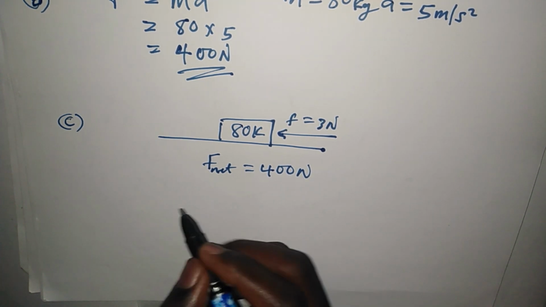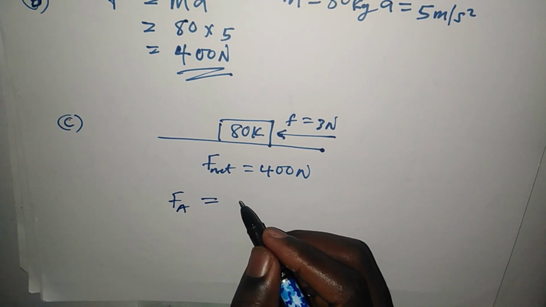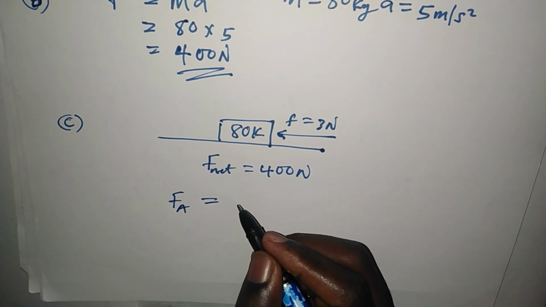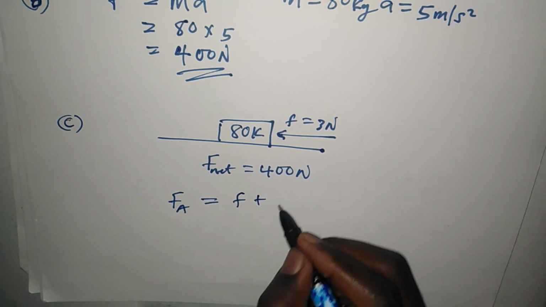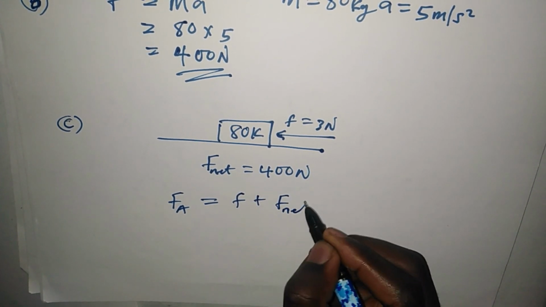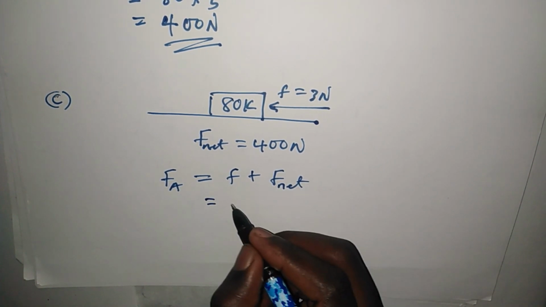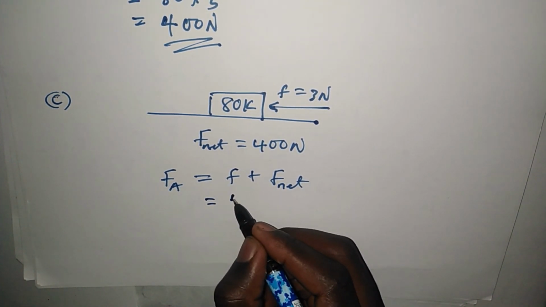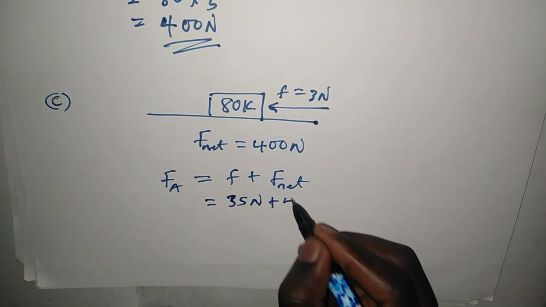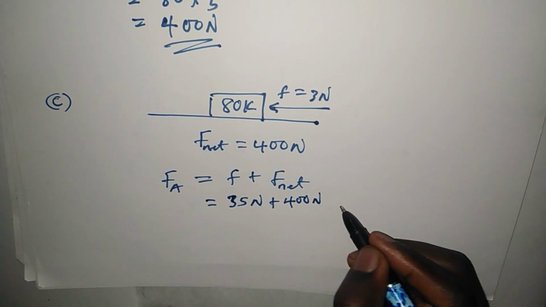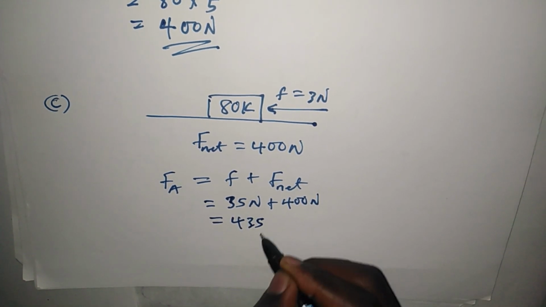So the applied force FA is equal to the frictional force plus the net force. So it's going to be F plus F net. Therefore, this is 35 newtons plus 400 newtons, which is equal to 435 newtons.